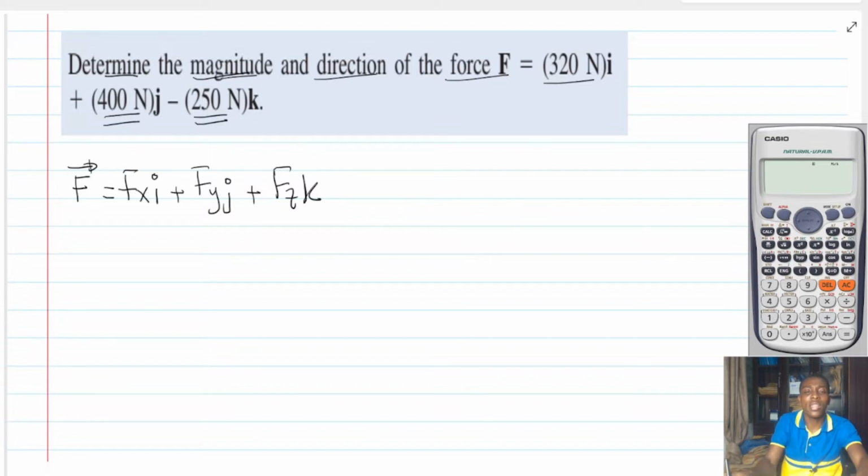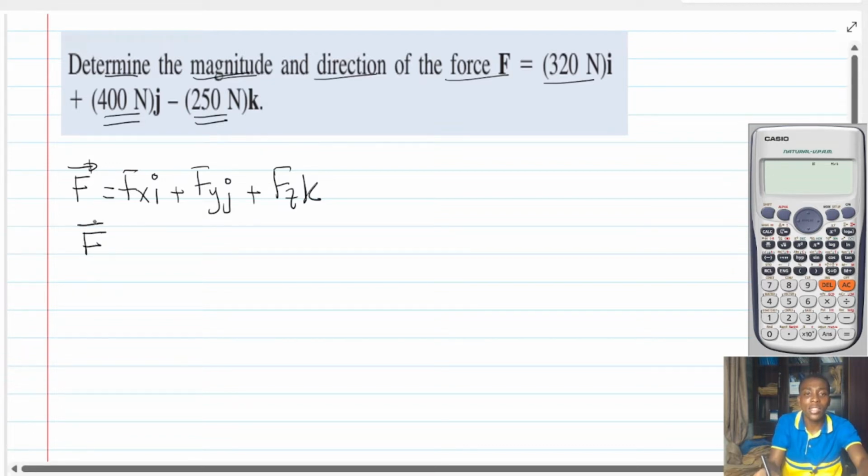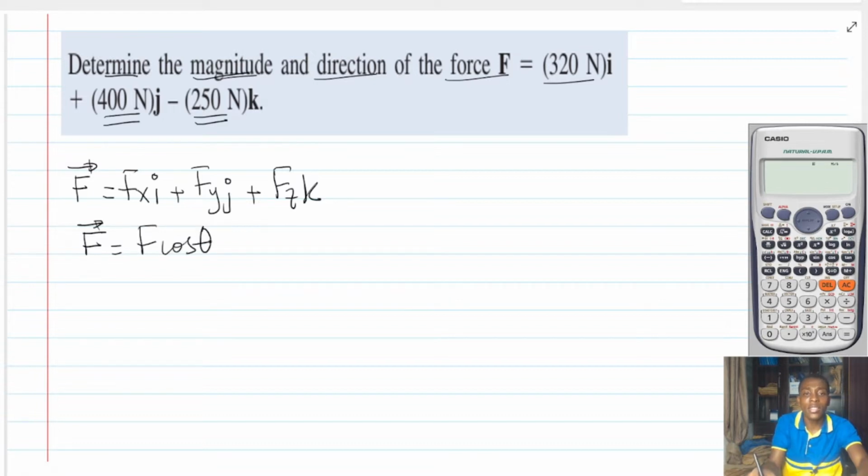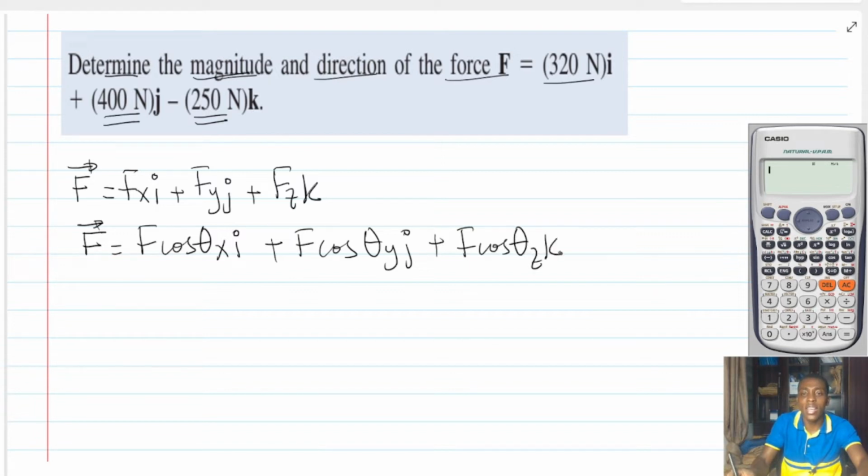And these are related by the direction cosines, given by F cosine of the angle the force makes with the x-axis, plus F cosine of the angle it makes with the y-axis, plus F cosine of the angle it makes with the z-axis.